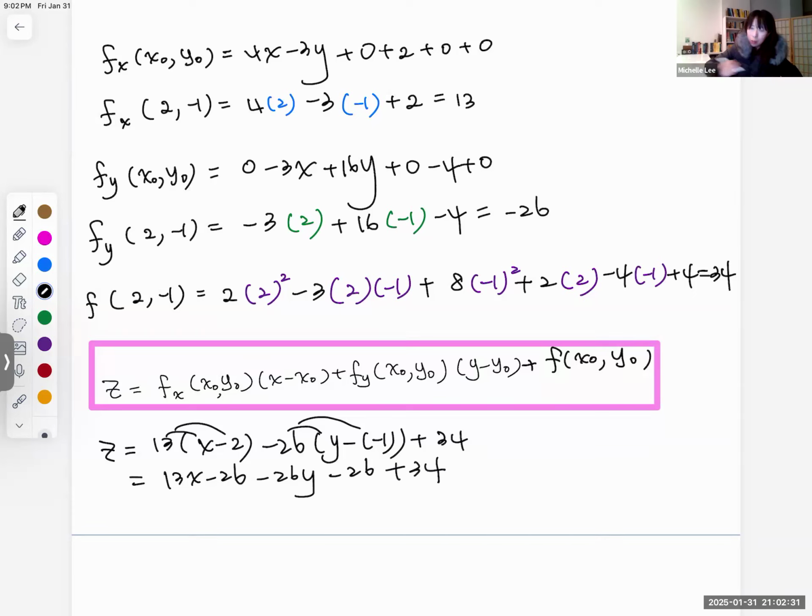Plus 34. Okay, then that will be z equal to 13x minus 26y minus 26 plus 34, negative 18. Yeah. Okay, very good. This is the equation, all right?